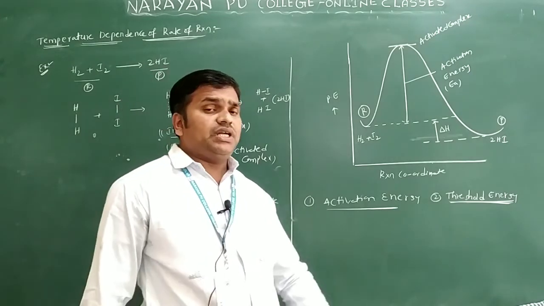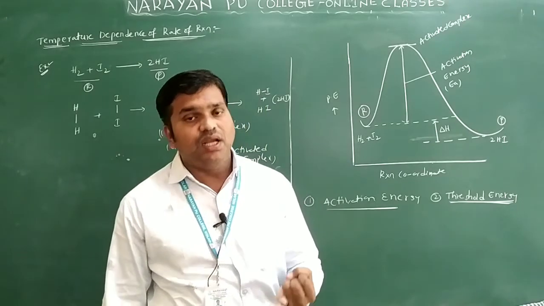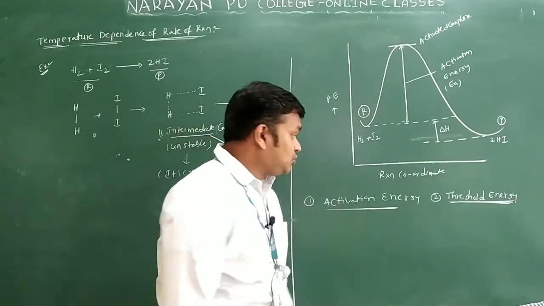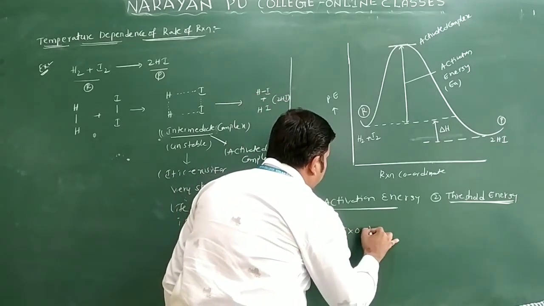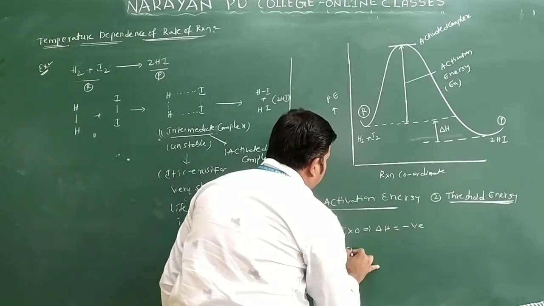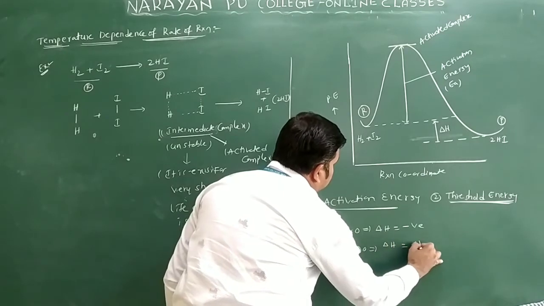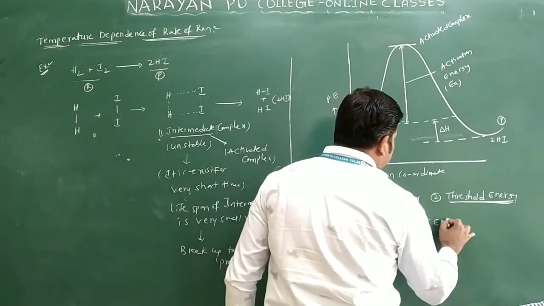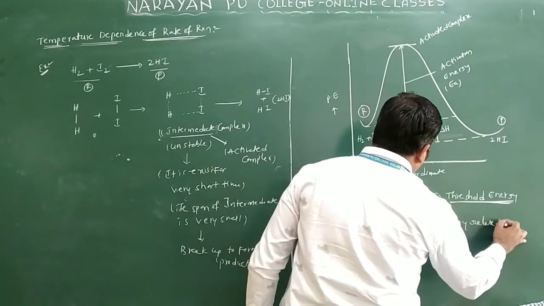So generally, delta H has two types. One is exothermic reaction, and one is endothermic reaction. If it is an exothermic reaction, delta H is negative. If it is an endothermic reaction, delta H is positive. Negative means energy is released during the reaction.